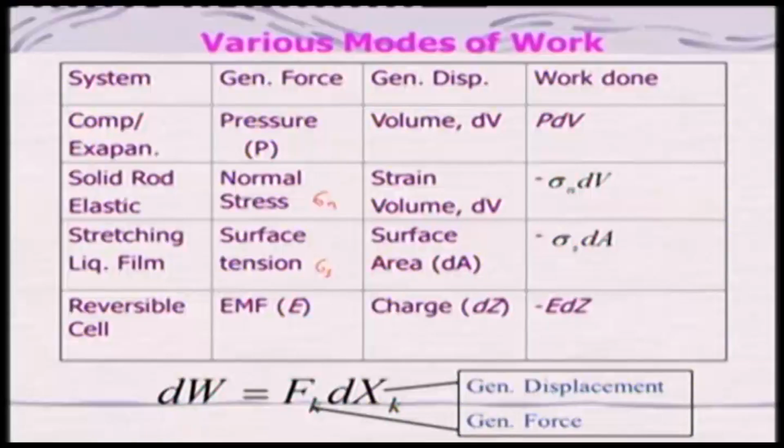So now you can put it in a very general form: the work done is equal to Fk dx, where Fk is a generalized force and dx is a generalized displacement. Although we started by criticizing the mechanical definition of work, we are trying to assimilate all the forms of work in this form, which comes within the realm of the thermodynamic definition of work.